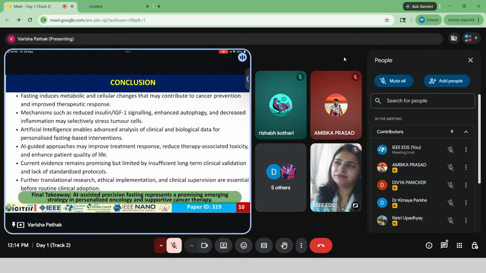Artificial intelligence enables advanced analysis of personalized fasting based interventions. Although current evidence is promising, larger clinical trials and standardized protocols are still required before routine clinical implementation. Overall, AI assisted precision fasting represents a promising emerging strategy in personalized oncology and supportive cancer therapy.